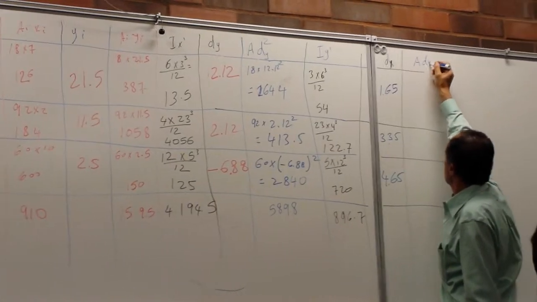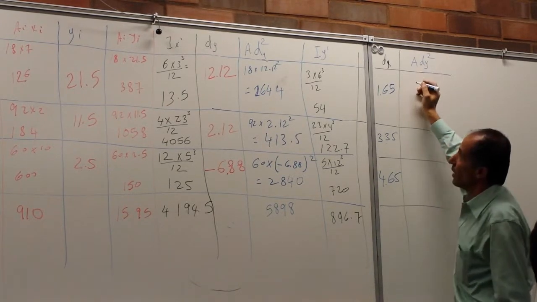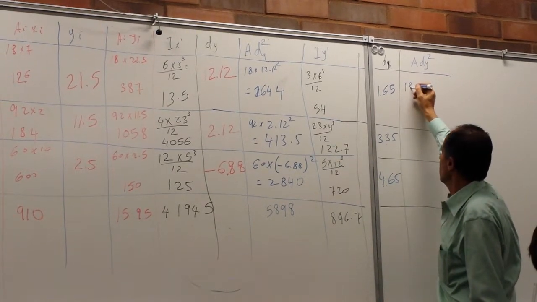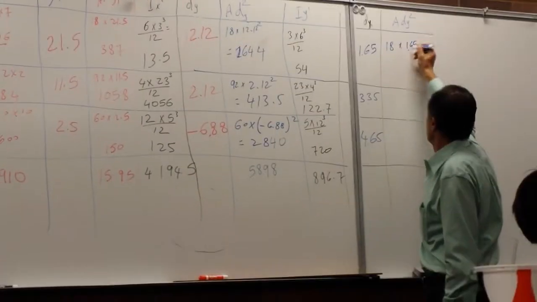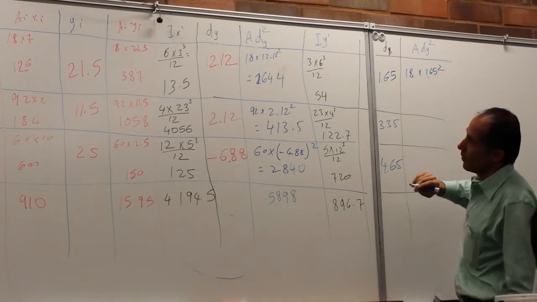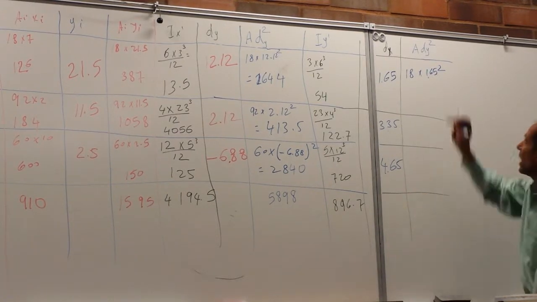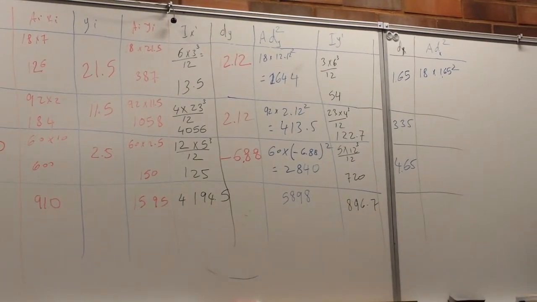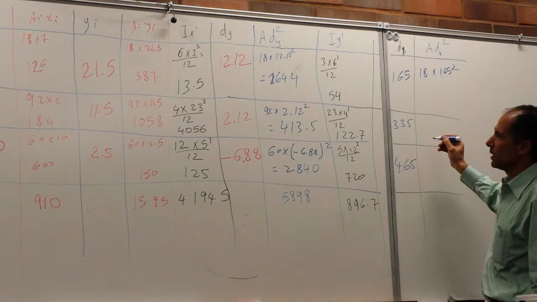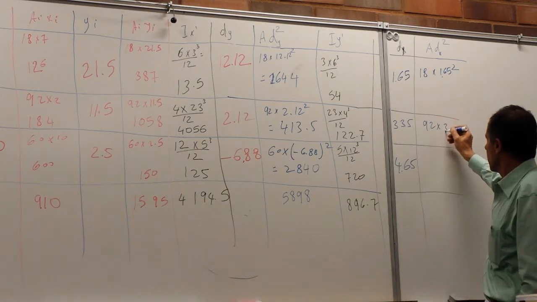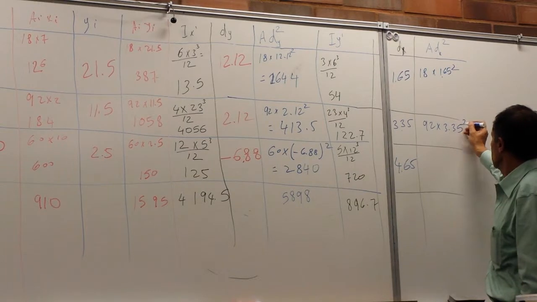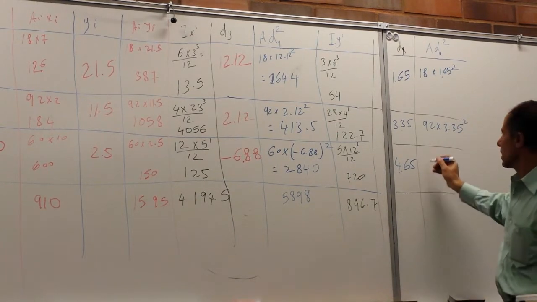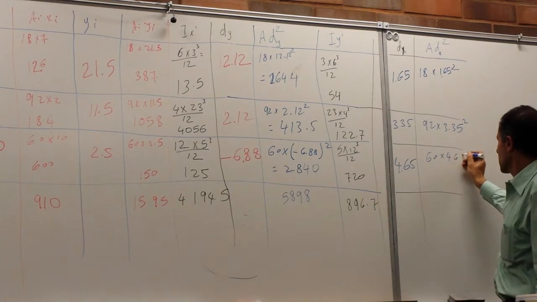A d on x squared is going to be the area is 18, 1.65 squared. Is that dy? That should be dx squared. These are on x direction, not dy. Okay, next one is 92, the area, 3.35 squared. The last area is 60, 4.65 squared.